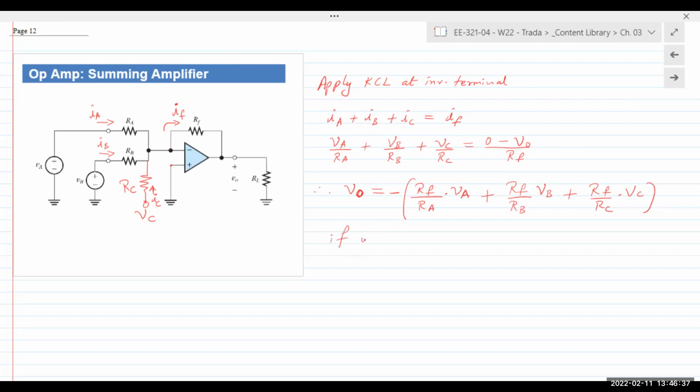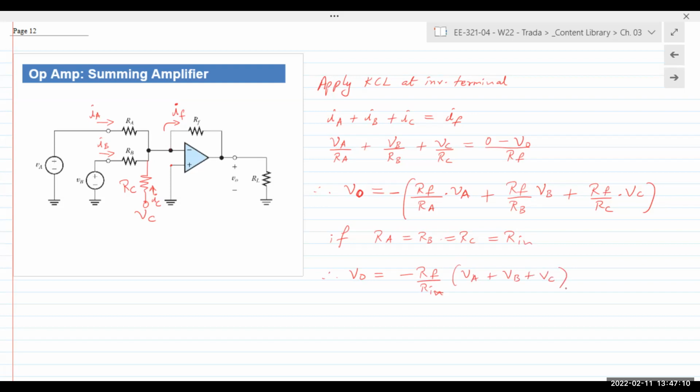If we choose RA equal RB equal RC equal a single value R in, we can write the expression for VO as minus RF over R in times VA plus VB plus VC.